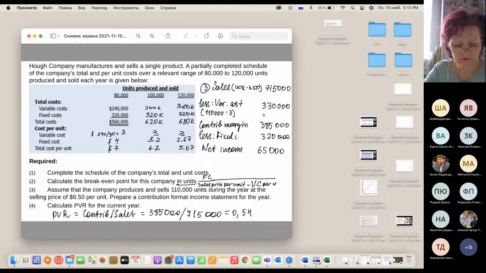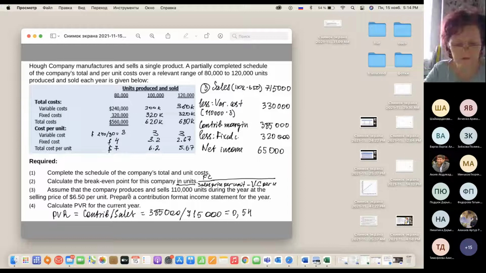It will be 330,000. Then we subtract them and get contribution margin, and it's 385,000. Then our total fixed cost equals 320,000, and then we just subtract them and get our net income that equals 65,000.